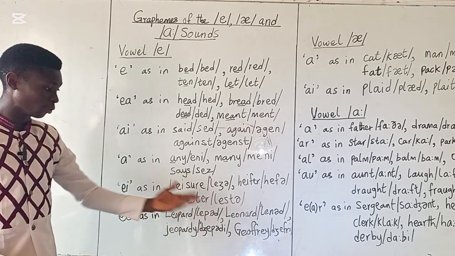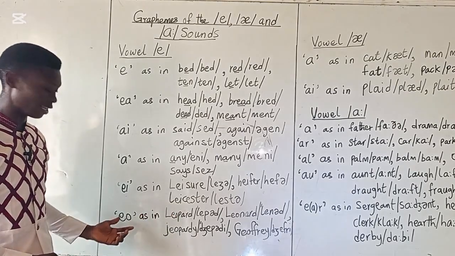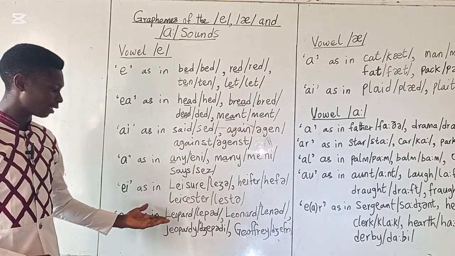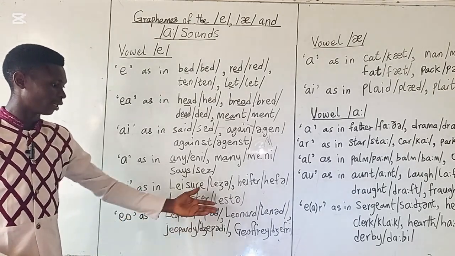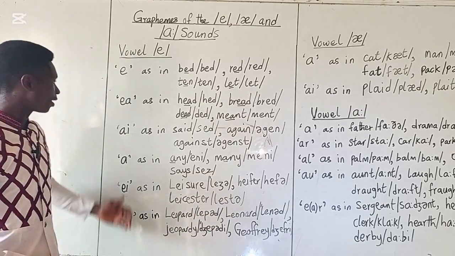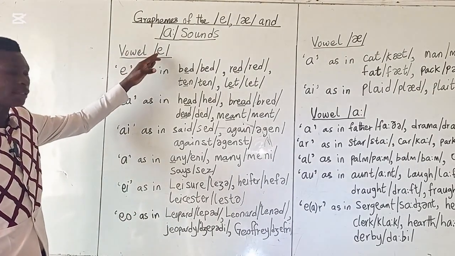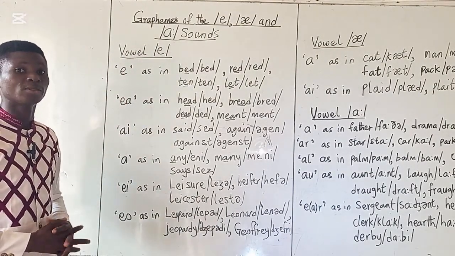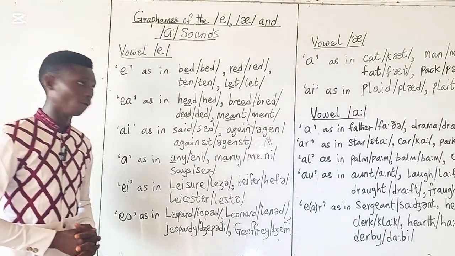It is not Joe, but we have the sound in place of the EO. So this is leopard, Leonard, Jeopardy, and Jeffrey. So these are the graphemes for the A sound, which is vowel number 3, a front vowel sound. Now let's take vowel number 4.